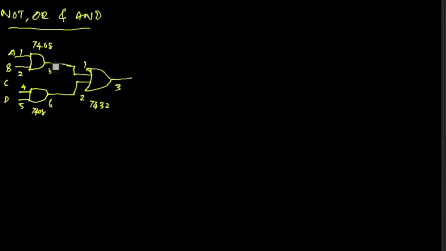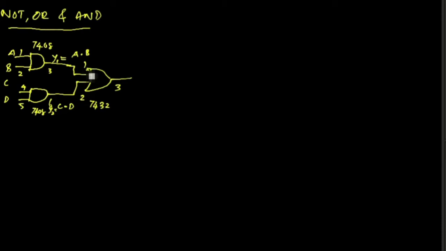The output of the first one, the voltage at terminal 3 of 7408, is A and B, let's call it Y1, and at terminal 6 it is C and D, which is, let's say, Y2.